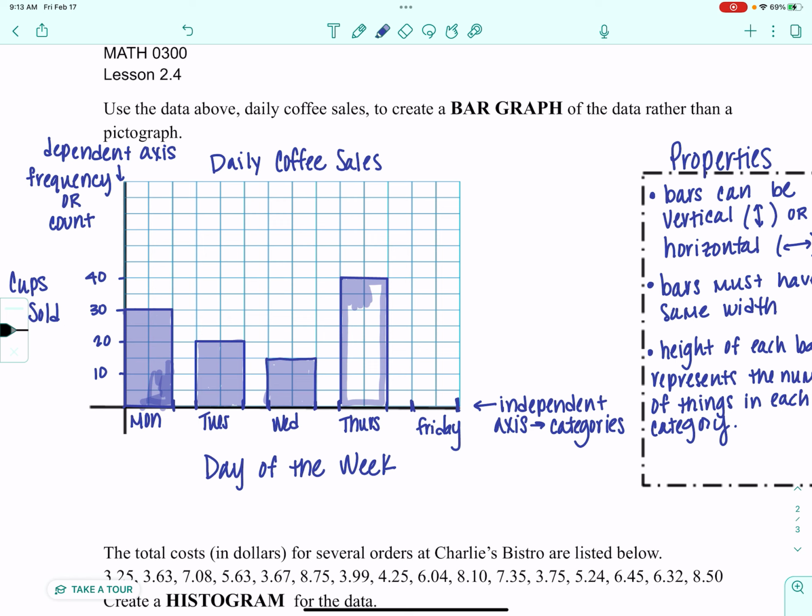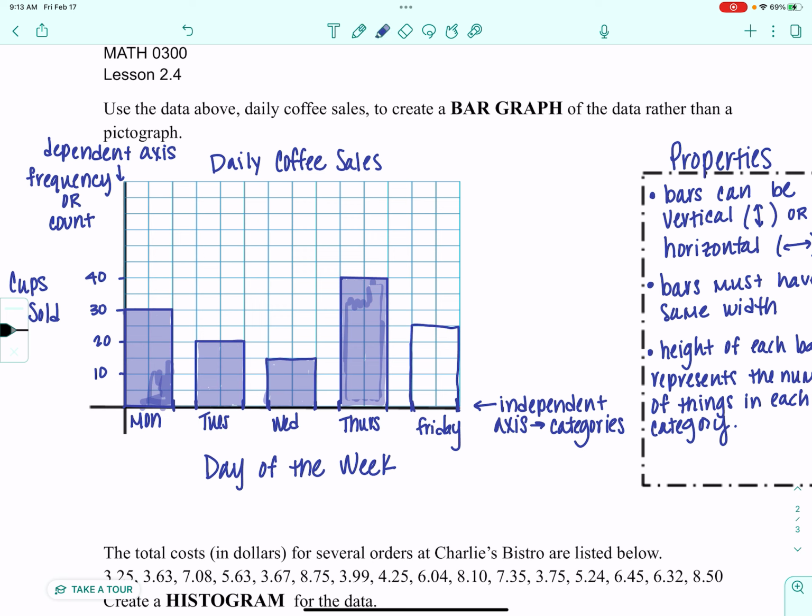Sorry for the brief interruption. I'm going to finish coloring in my bar. And then Friday, Charlie's sold 25 cups of coffee. So I'm going to go to 25. Make that the height of my rectangle.